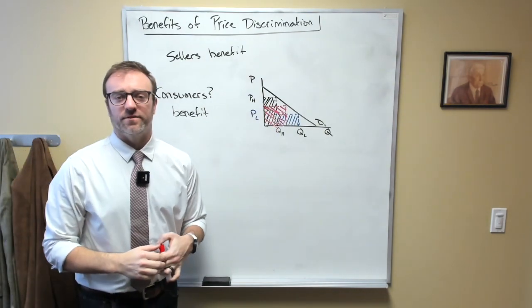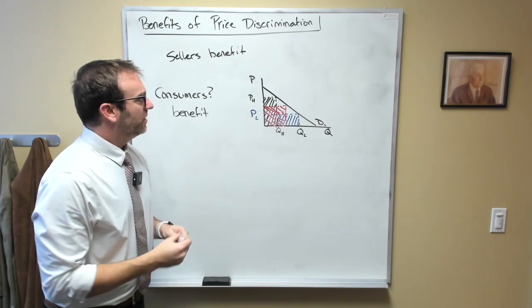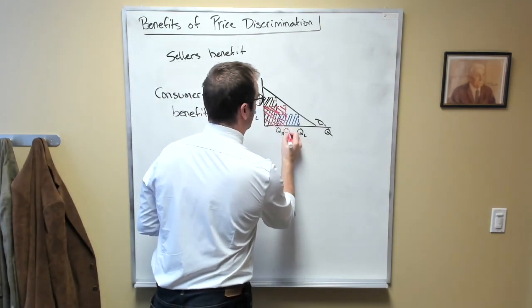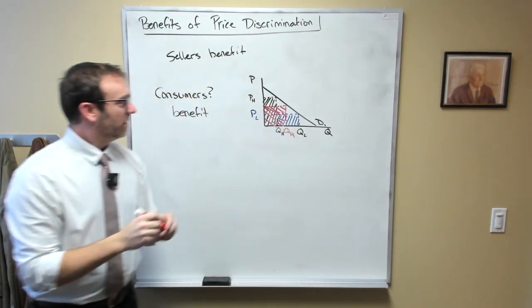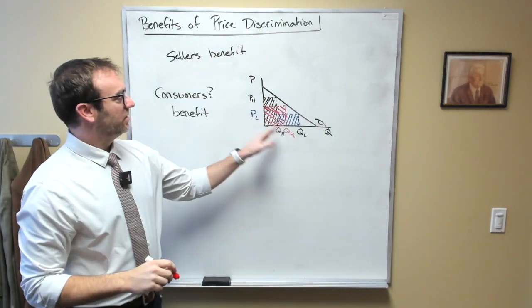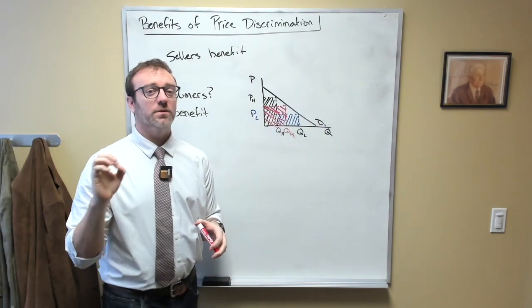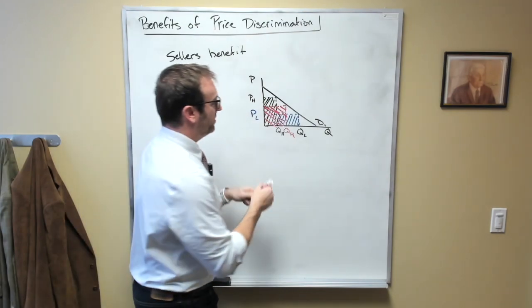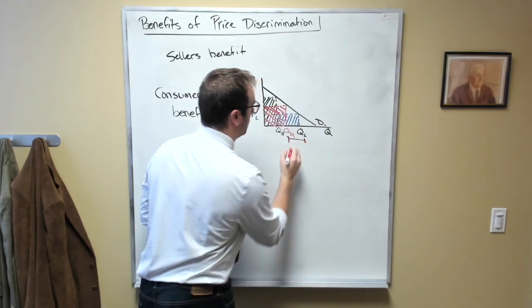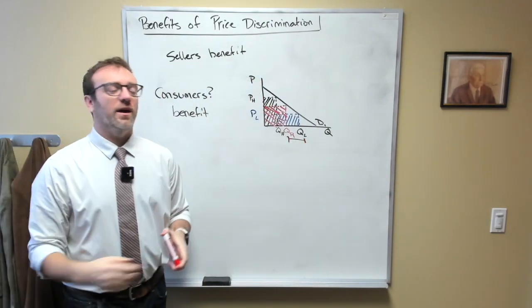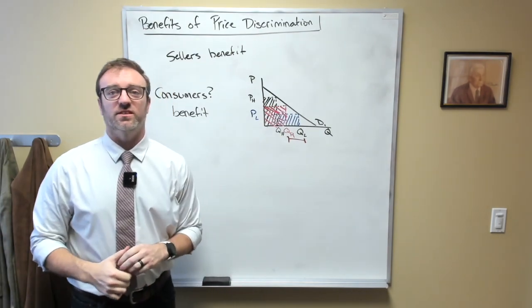That would be the benefit to the seller. But here, notice that if we had the revenue maximizing one price, all of these people right here would be left without access to whatever this product is.